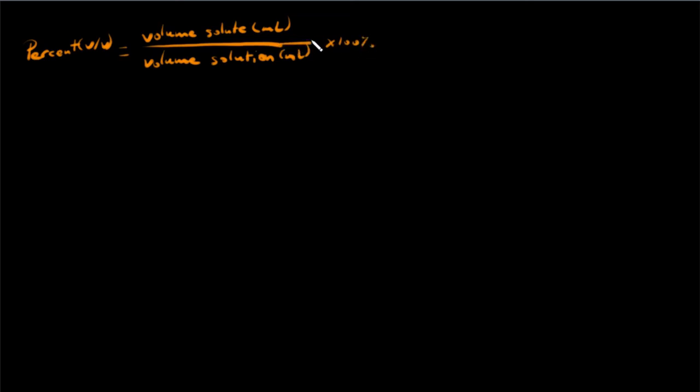An example here would be if you have an aqueous compound or something that's already a liquid and you're dissolving it in some more water. Something like vinegar, right, is 5% acetic acid by volume. That might mean that if you are making a solution of vinegar, there's 5 milliliters of acetic acid in 100 milliliters of your container.